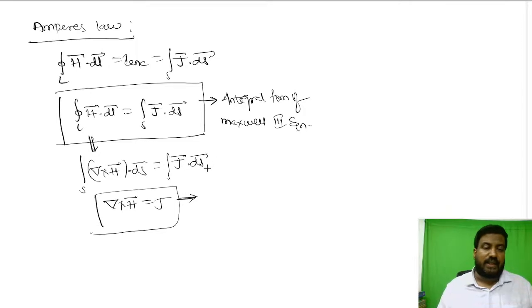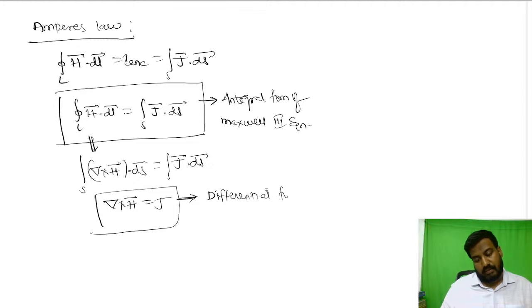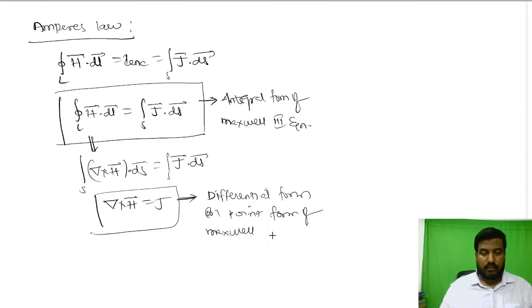Even the equation is telling the same. This is the differential form or point form of Maxwell's third equation.